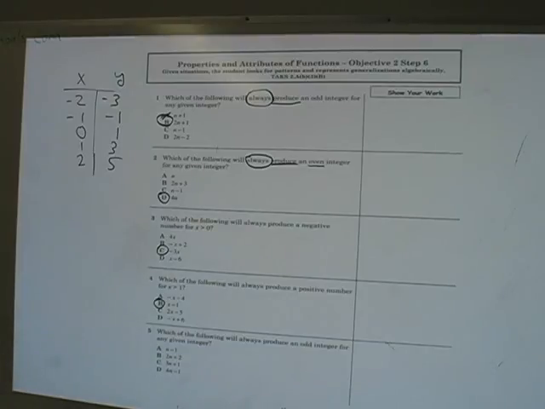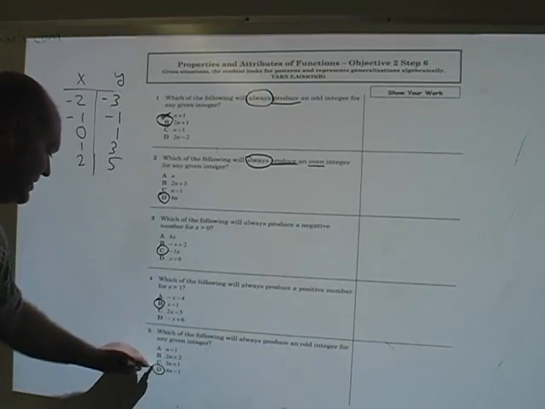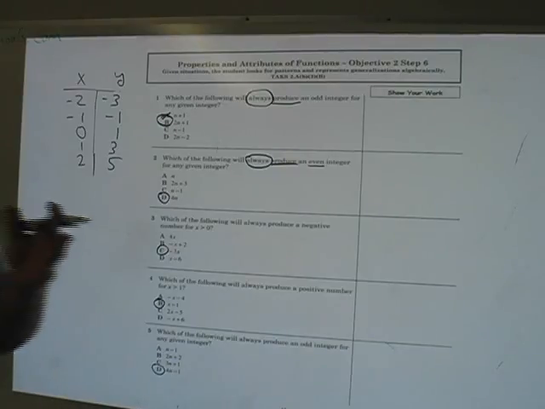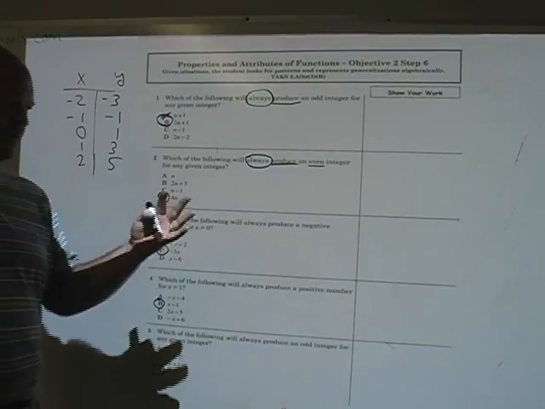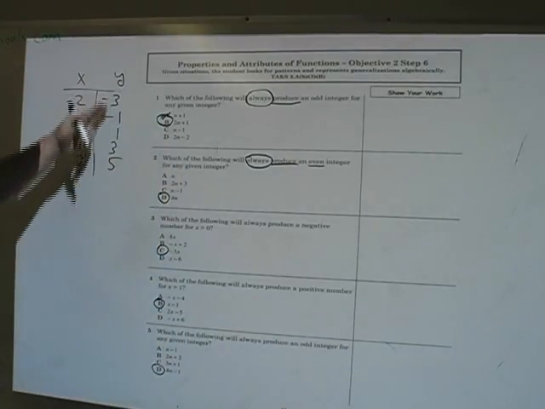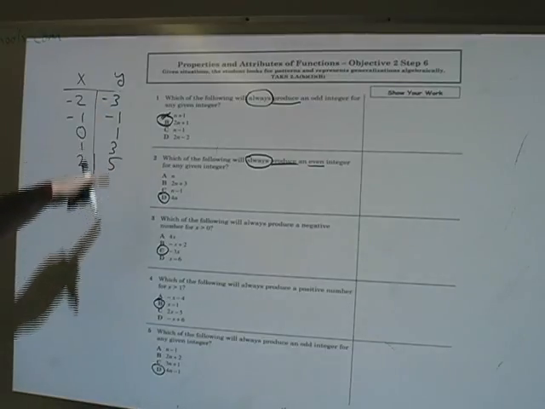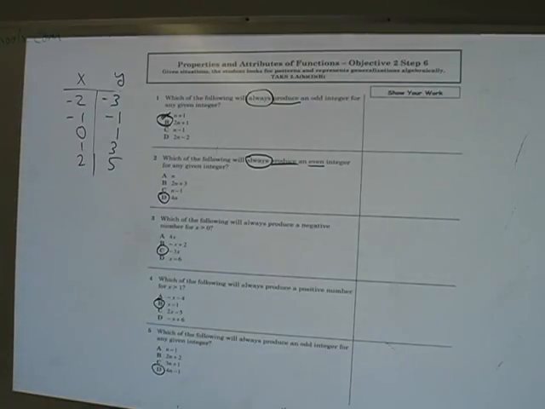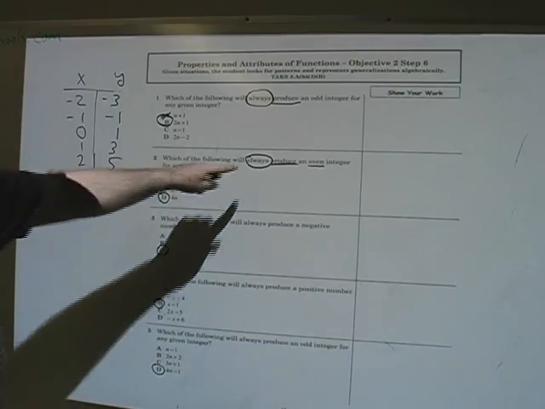And number 5 is D. Make sure when you're checking these, make sure you can tell that it's always going to be true. Okay? Don't just assume that if you see 2 or 3 of them true, that it's always true. Make sure it's always true.